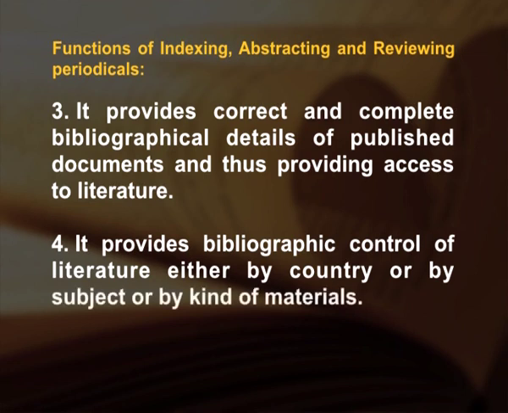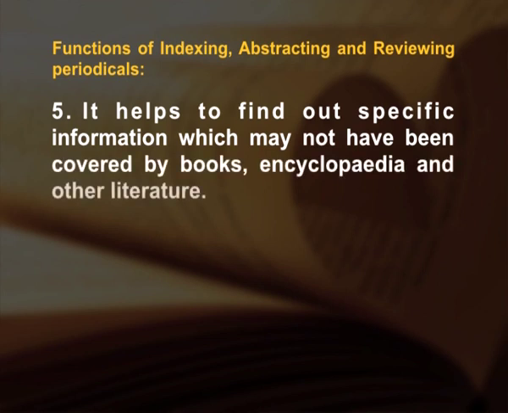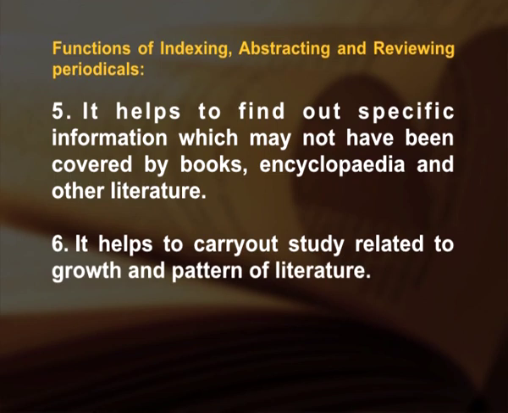It provides bibliographic control of literature either by country or by subject or by kind of materials. It helps to find out specific information which may not have been covered by books, encyclopedias and other literature. It helps to carry out study related to growth and pattern of literature.